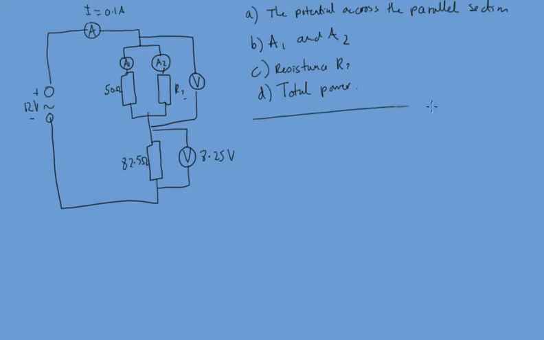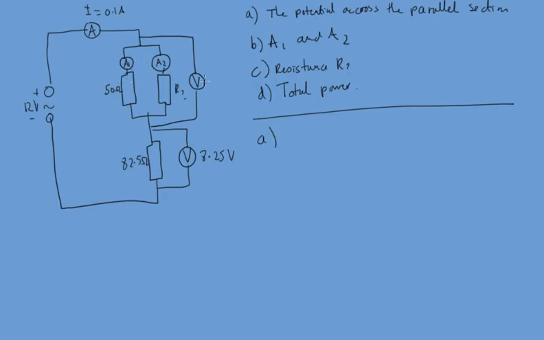So let's start off with A. This part here is the simplest part for us to begin with, because we know the current. You could combine these two resistors to have one resistor, and then you've got a series circuit, and the current is the same in the whole of the series circuit.